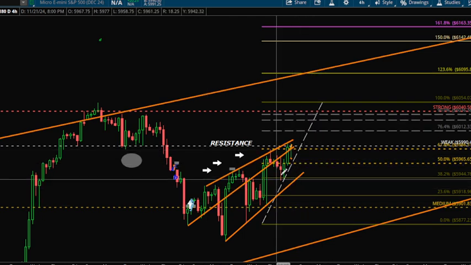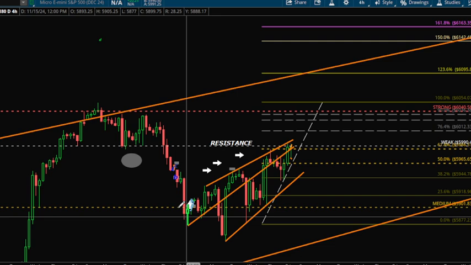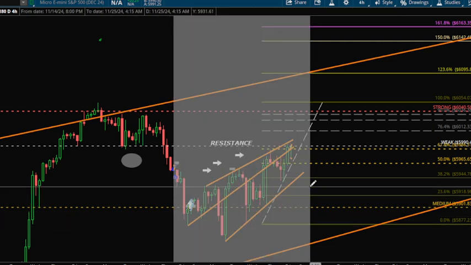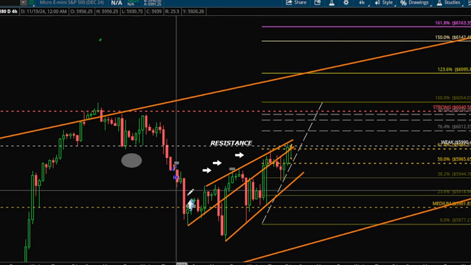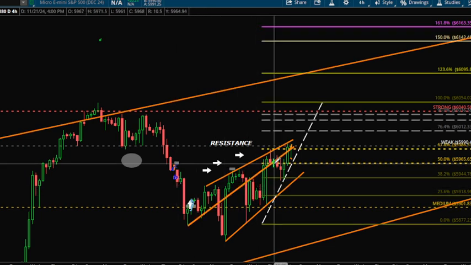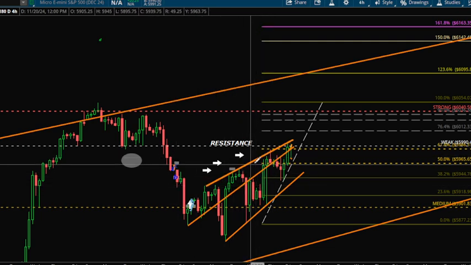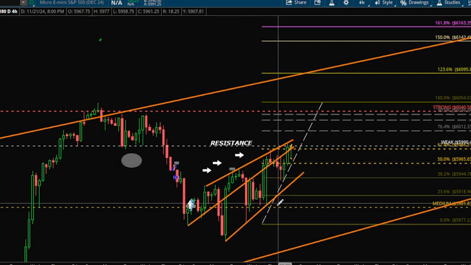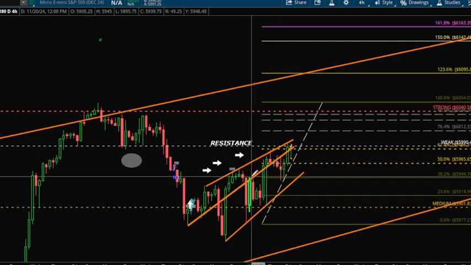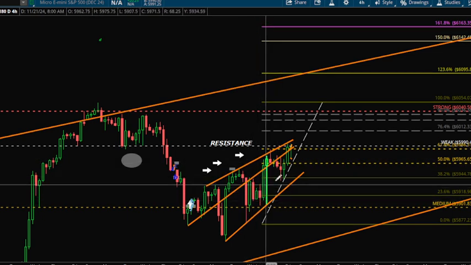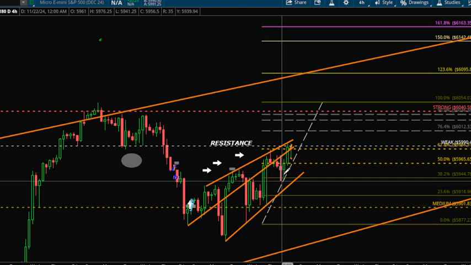Also, if we played this section as a channel, I drew some trend lines, and you can see that these two lines, you have your top and your bottom and a medium here, and it looks like it was dropping outside this zone a lot more.